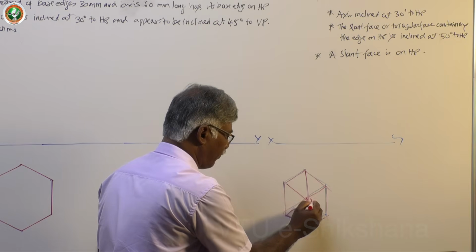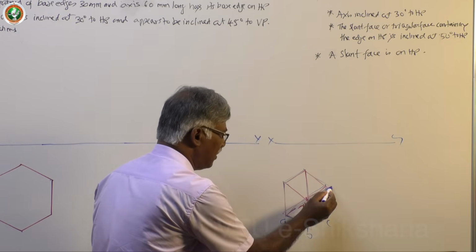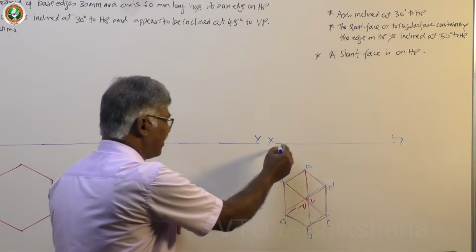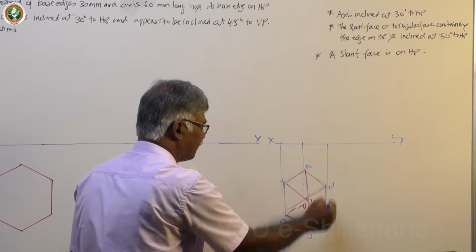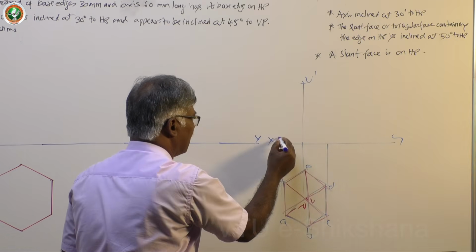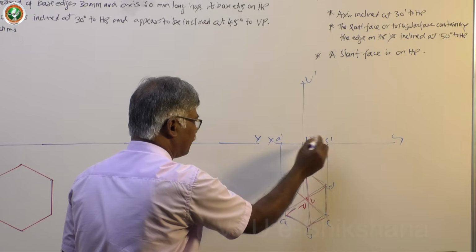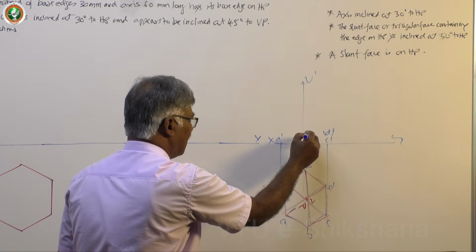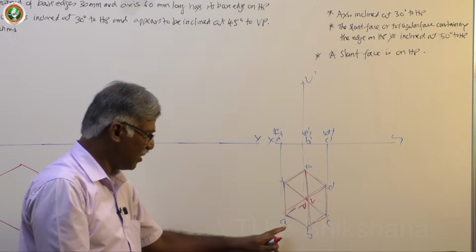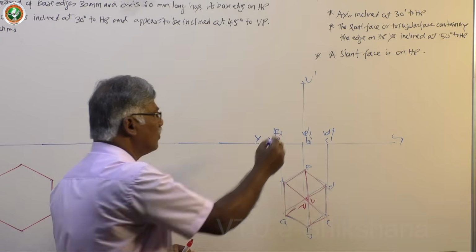This is V, O, A, B, C, D, E, F. Now project this and get the height V dash. This is A dash, B dash, C dash, D, E, F. In sequence I get, just because I have started with the left extreme nearest corner. Now join this.